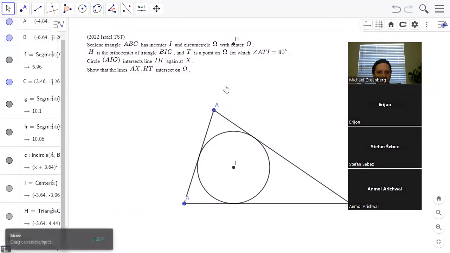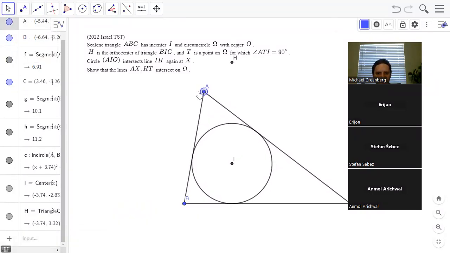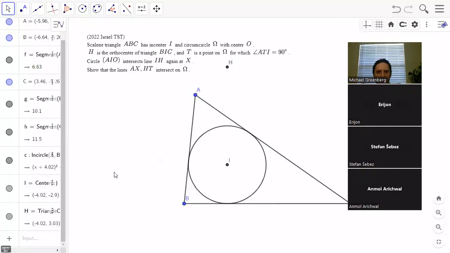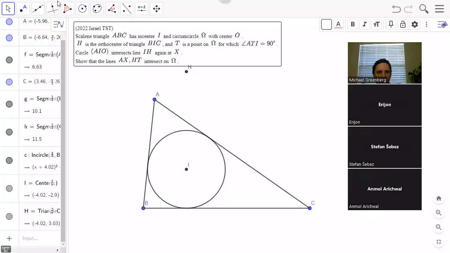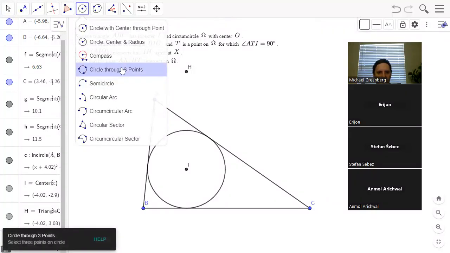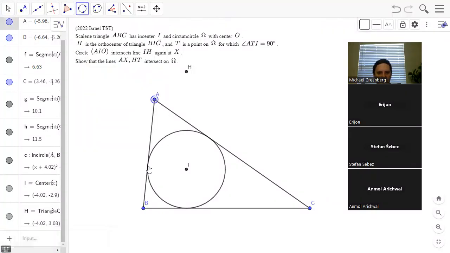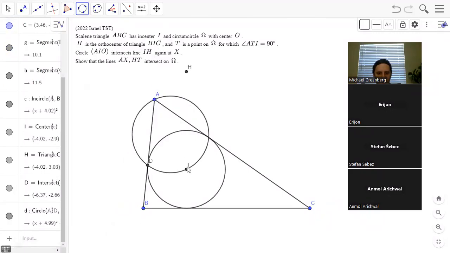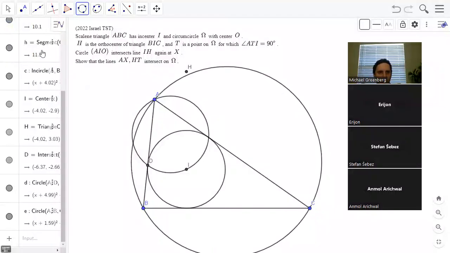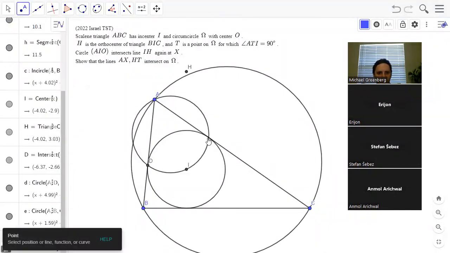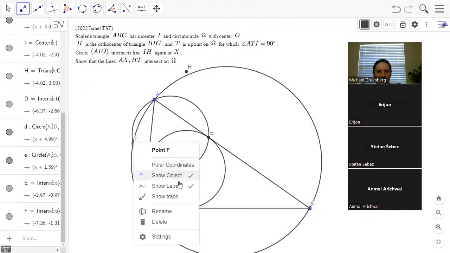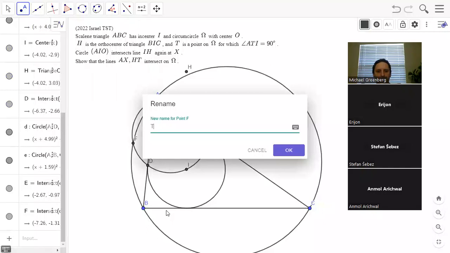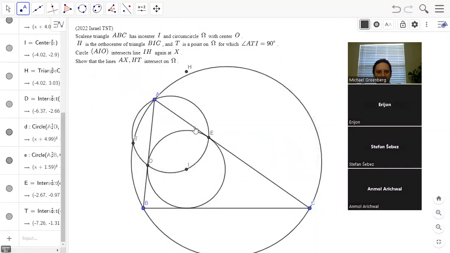Okay, so T is the Q point. So we just intersect those circles. This is T. Oh, sorry, T is the Sharkydevil point.